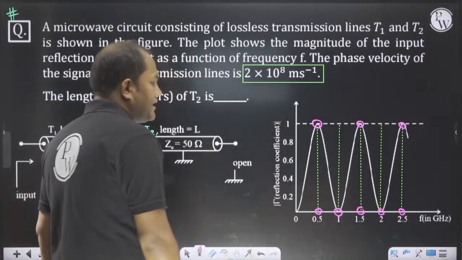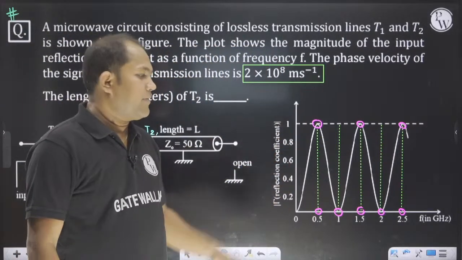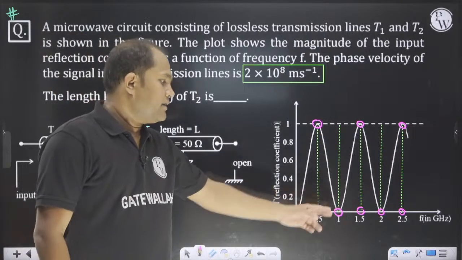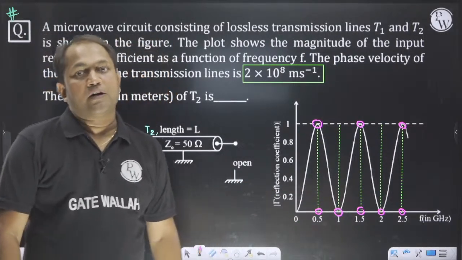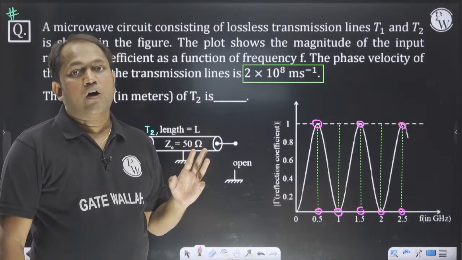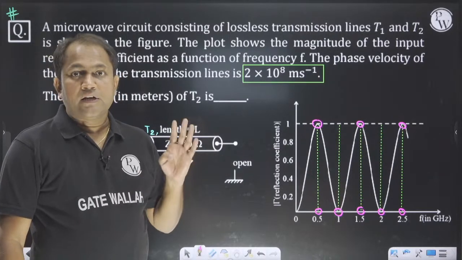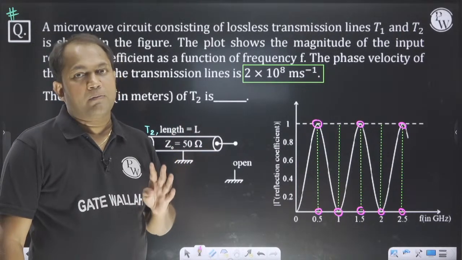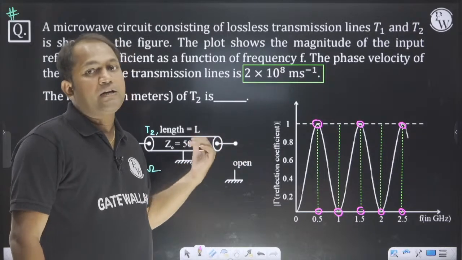So the magnitude of the reflection coefficient is maximum at 0.5 gigahertz and minimum at 1 gigahertz. We know the reflection coefficient magnitude will be 1 in 4 cases: open circuit, short circuit, purely inductive or purely capacitive. But here we will see when it happens.